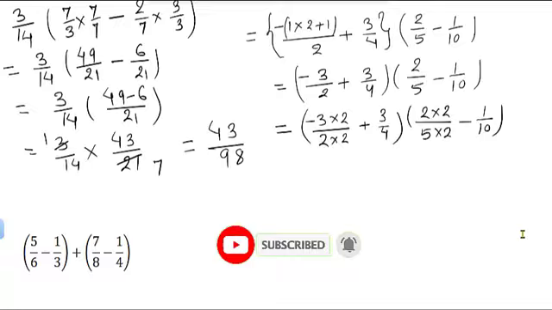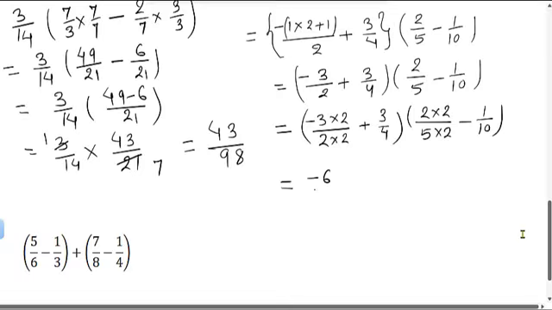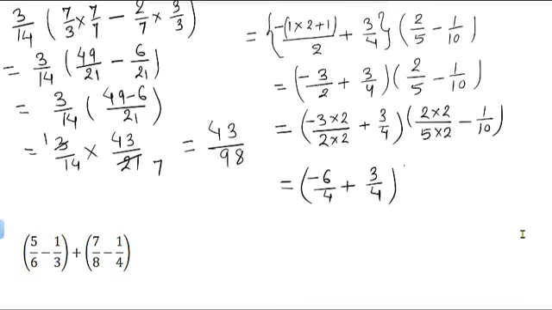Now here we get minus 6 divided by 4 plus 3 divided by 4, and same 4 divided by 10 minus 1 divided by 10.